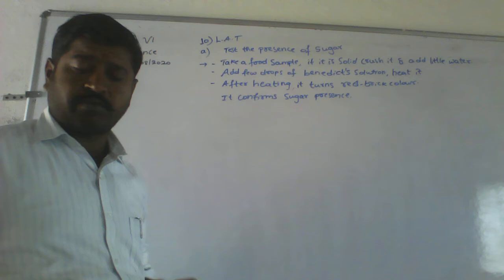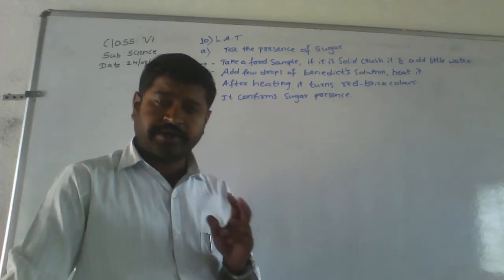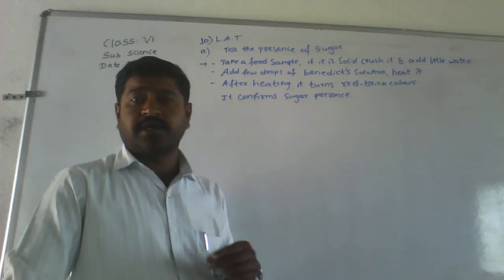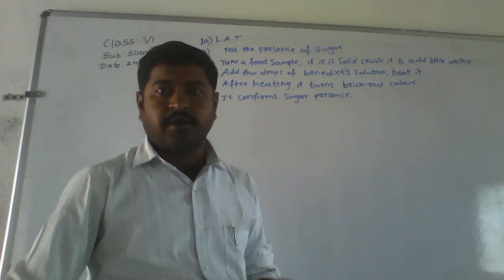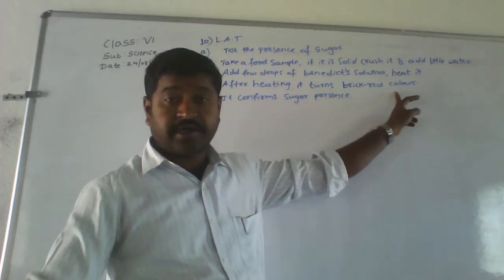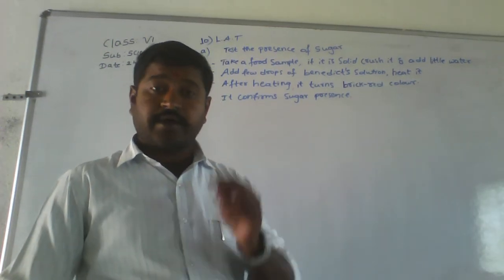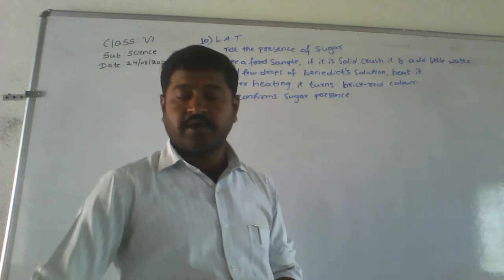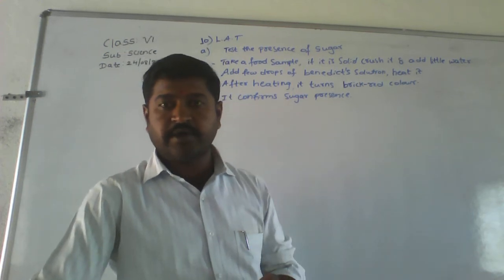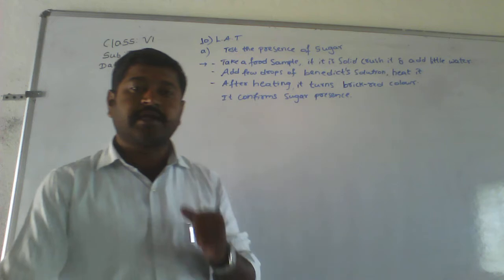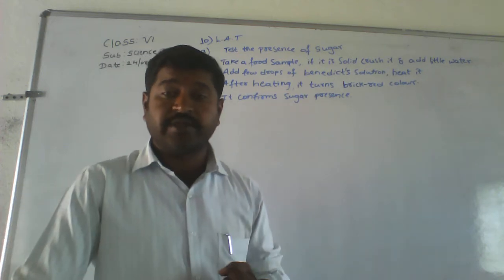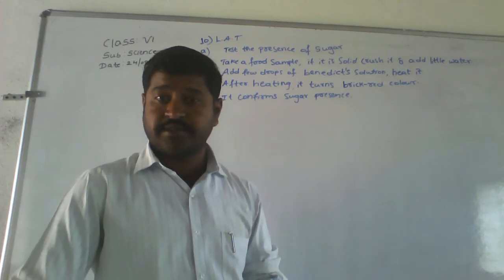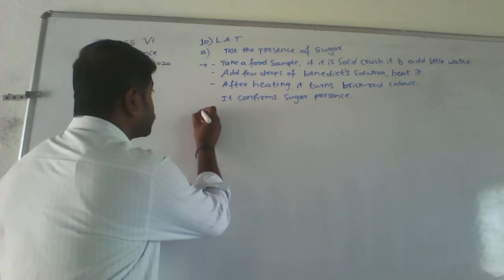If it turns to brick red color, then it has a high content of sugar. If it turns to yellow, then it has medium sugar. In case it turns to green, then it has low sugar. Alright, then moving to the next question.